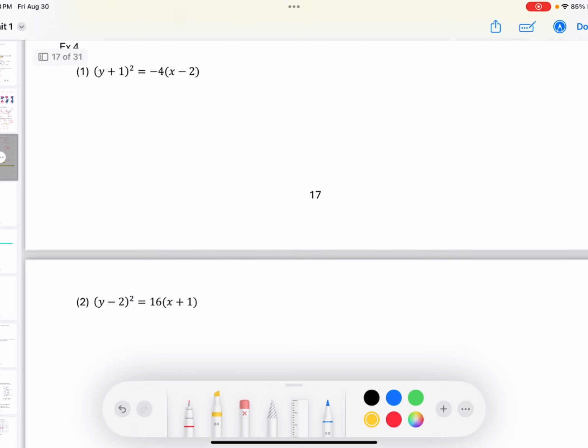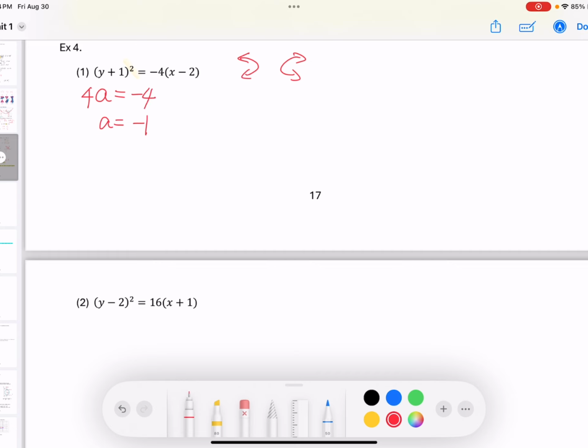First one, let's see example 4. In this one, the y part is squared. That means my graph opens to the left or to the right. Let's see the A. From the formula, this part is 4A, which is equal to -4. Then A is equal to -1, less than 0.